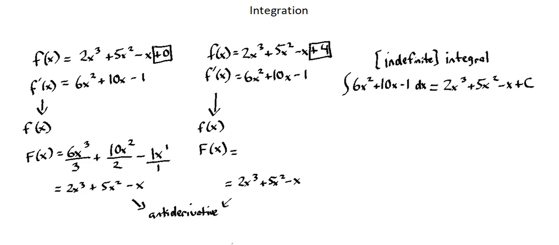And so the full read of this expression is the integral of 6x squared plus 10x minus 1 with respect to x equals 2x cubed plus 5x squared minus x plus c.